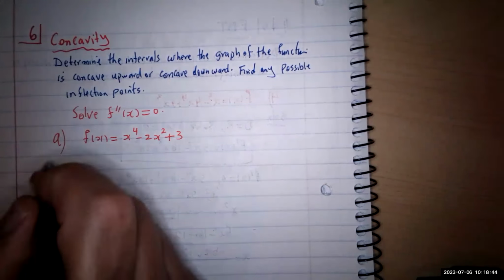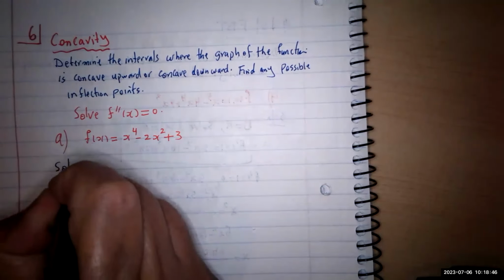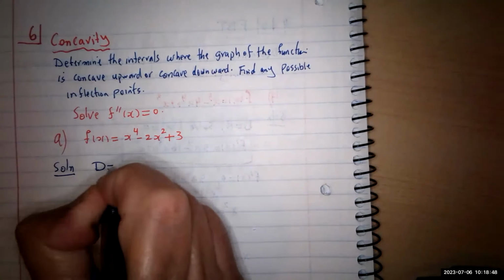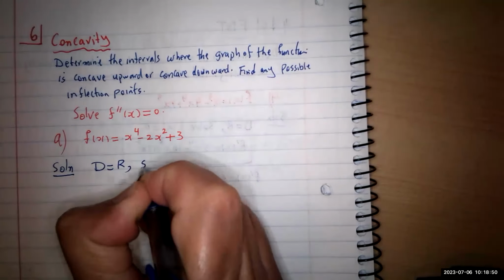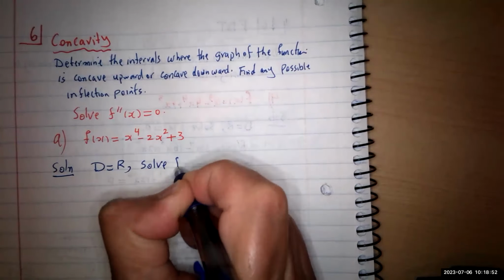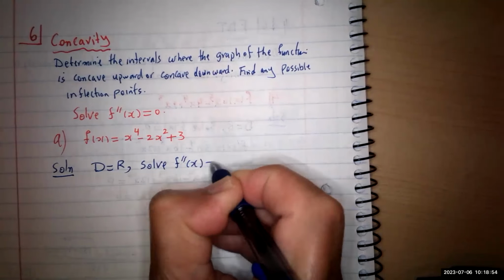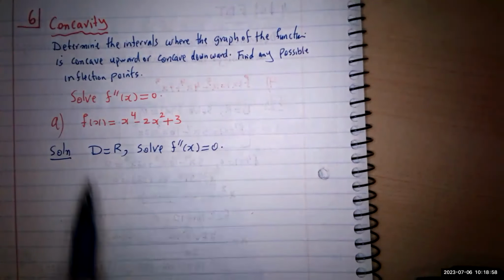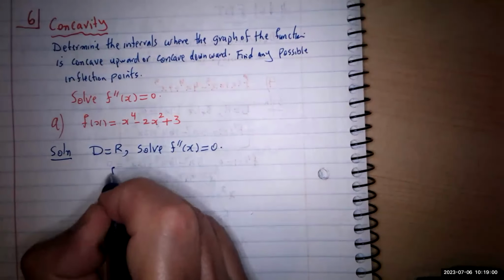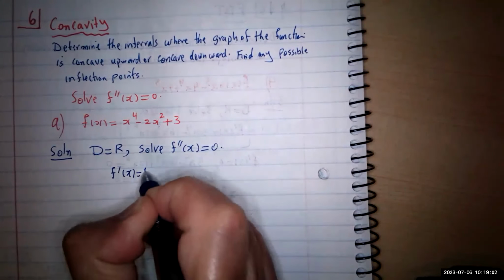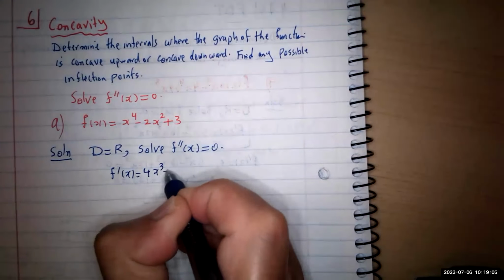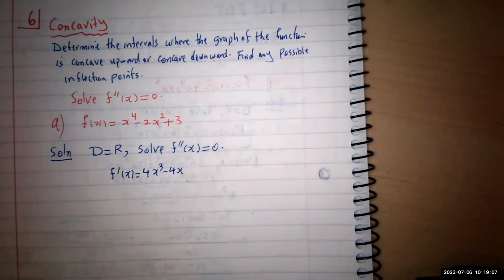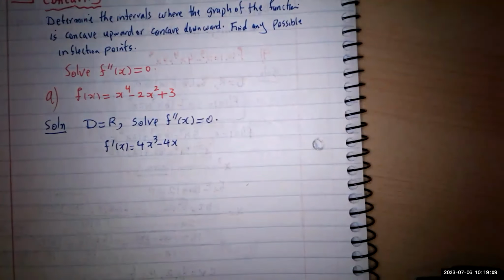So start with the domain. It's a polynomial. Domain is all real numbers. Since it's a concavity problem, solve, I repeat it again, f double prime of x equal to 0. Differentiate: f prime is 4x cubed minus 4x. Don't stop here.